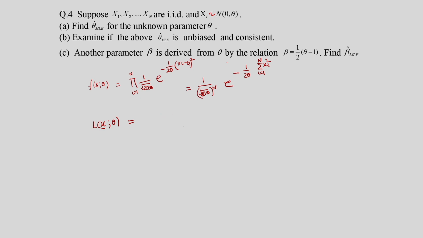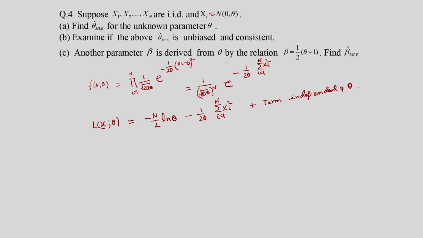So, log of theta to the power n by 2 will be n by 2 log theta. So, that way n by 2 log of theta, and this term will come as minus 1 by 2 theta summation xi square, i going from 1 to n, plus some term independent of theta, because we will be taking the derivative with respect to theta.